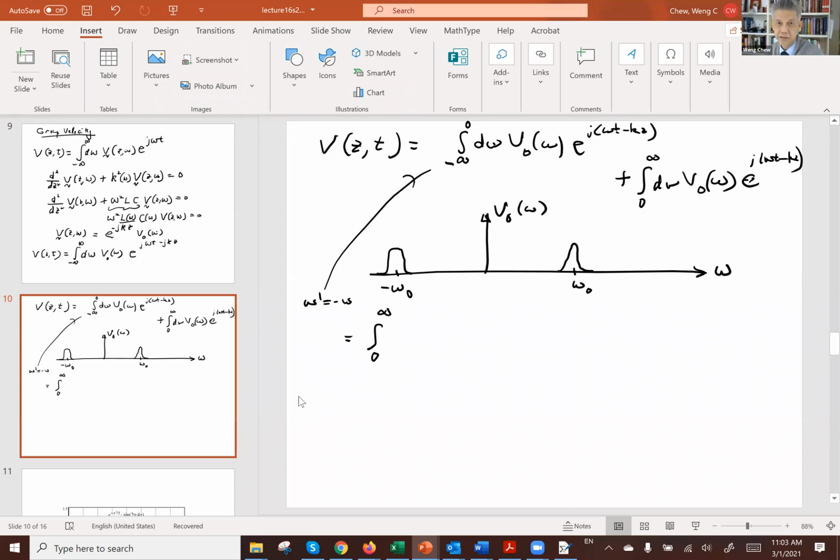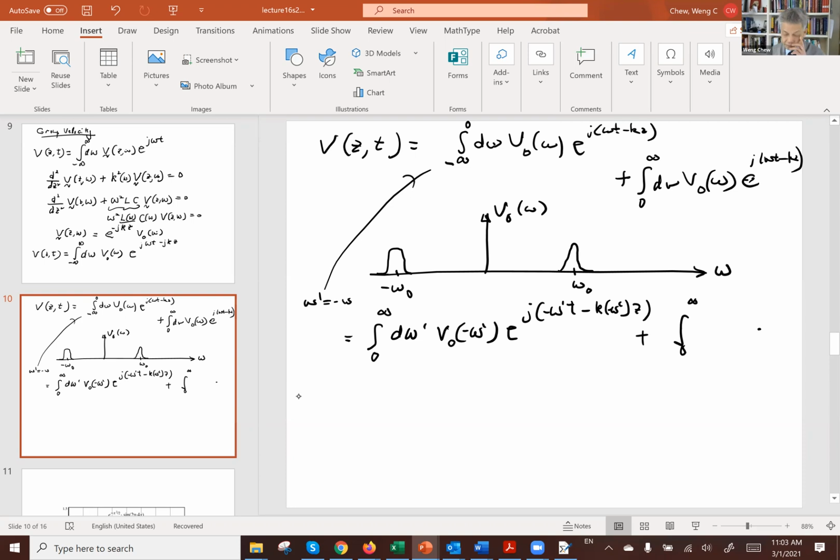Okay, you can just do this change of variable, and then the integration range will flip, and then you will have something like V0 of minus omega prime, and then something like j minus omega prime t, and then k of omega prime with a minus sign there, okay, plus this other term.